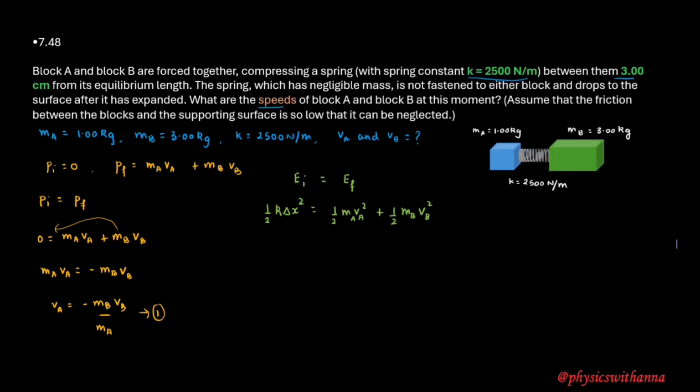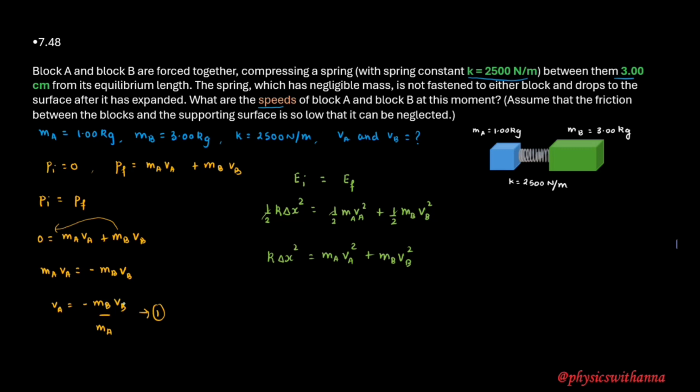Now we solve further to calculate the values of these velocities. Let us first cancel the half here. Then we are left with K delta X squared equals MAVA squared plus MBVB squared. Now, if you look at equation 1, we have a relationship between VA and VB.